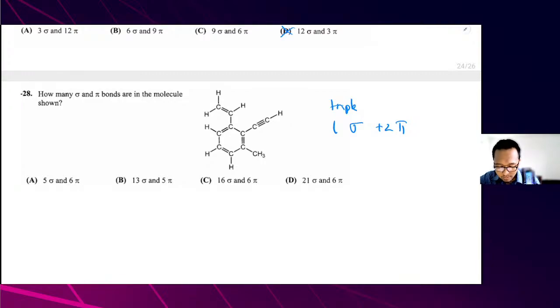Let's count it again. 1, 2, 3, 4, 5, 6, 7, 8, 9, 10, 11, 12, 13, 14, 15, 16, 17.